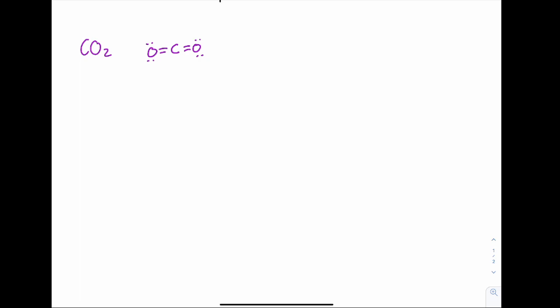If you have extra electrons, they go on the central atom. And then our last step, if atoms that want an octet still don't have an octet, you're going to rearrange your electrons to add double or triple bonds. And when we do that for carbon dioxide, I get this as an answer.